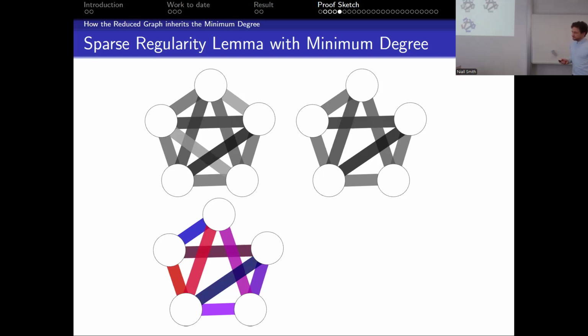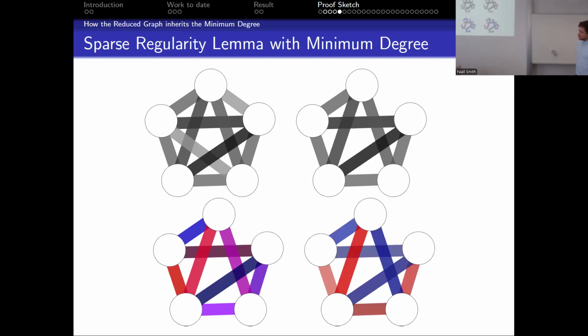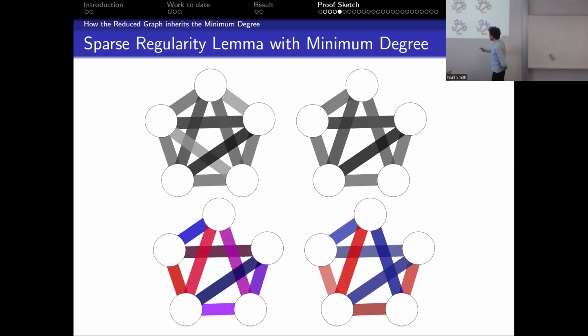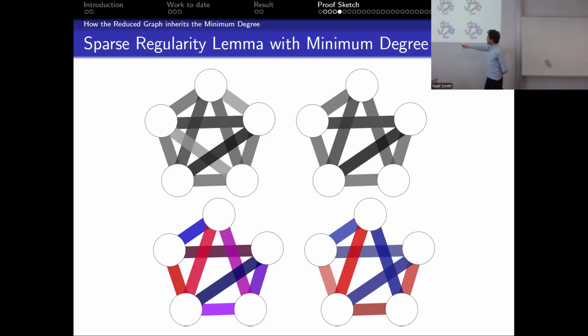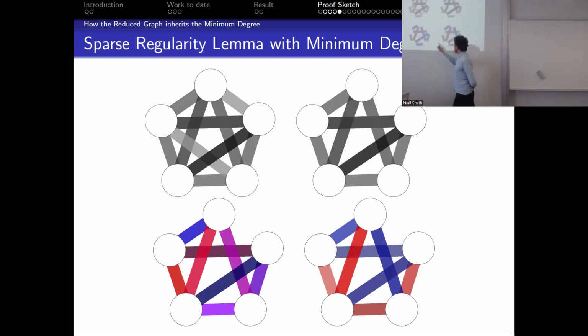Then you color the reduced graph by taking, in each edge, the majority color. For example, this edge here is already mostly red, so it stays red. This one's mostly blue, so it stays blue. This one's in the middle, it's purple, so you just take one of them.